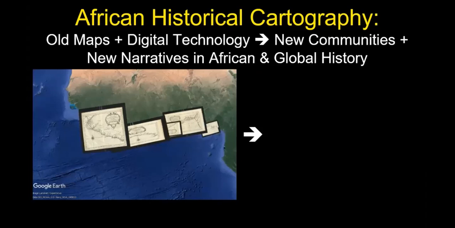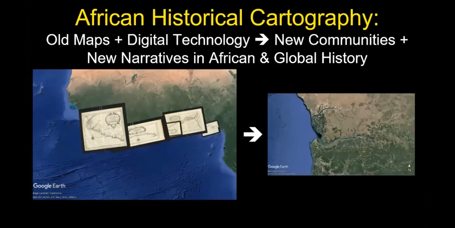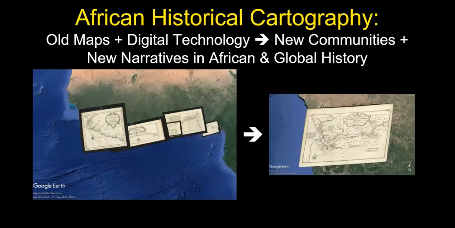The result is you can look at new features of Africa, or I should say, age-old features of Africa in a new way, like river basins and deserts, mountains and forests, all of which are rapidly changing in our climate circumstance.